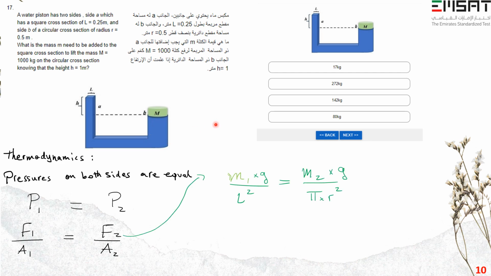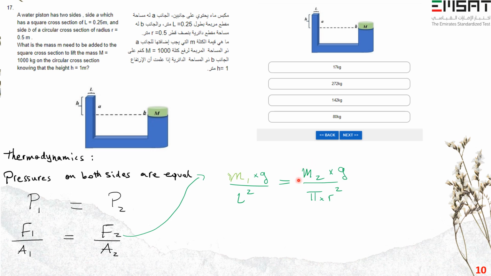We only replace the force by mass multiplied by gravity. So for F1, we replace it by M1 multiplied by gravity, over the area in that section. The area for that section is L squared, side multiplied by side, equal to F2.